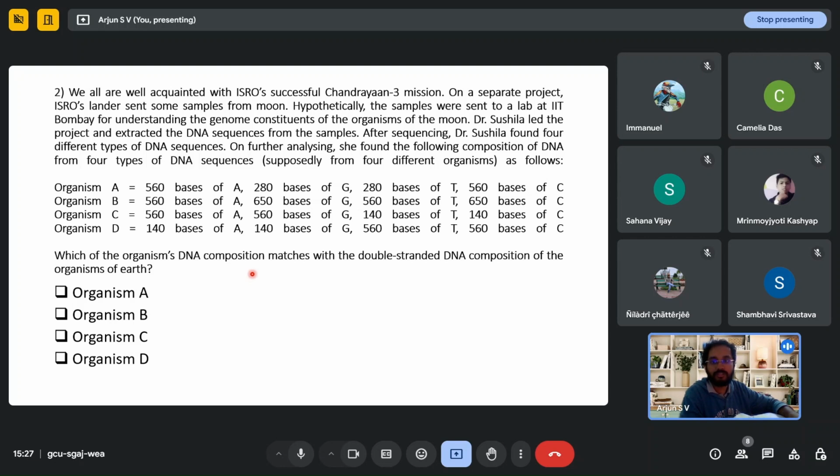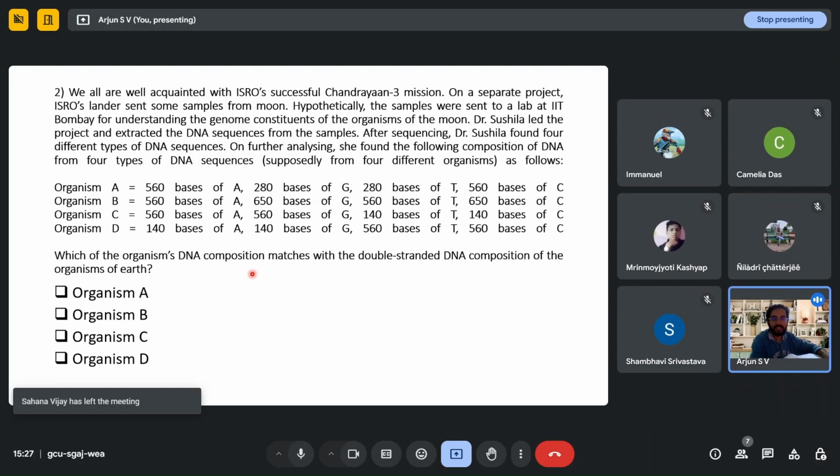So you just have to choose which organism has a DNA composition which matches with the double-stranded DNA composition. This concept you would have come across in the first or second lecture of your week two's lectures, and it's an important rule in DNA formation.